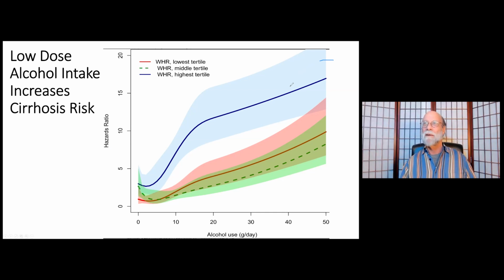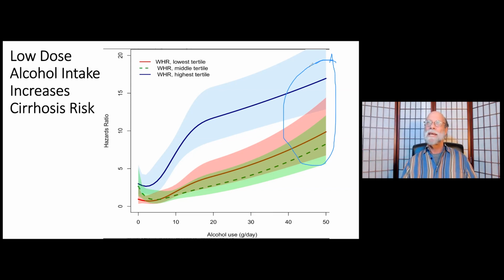And what this is showing here is that for people who have excess weight or excess weight in their waist compared to their hips, their risk is higher, pretty much twice that of people who are lower weight or in the middle.